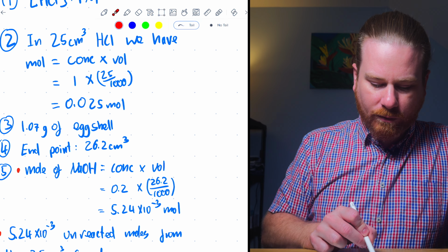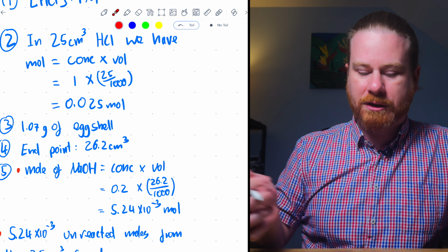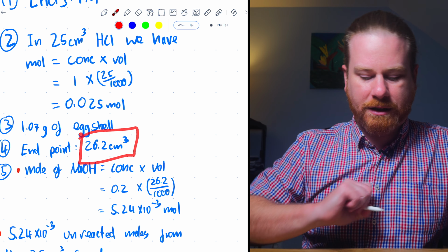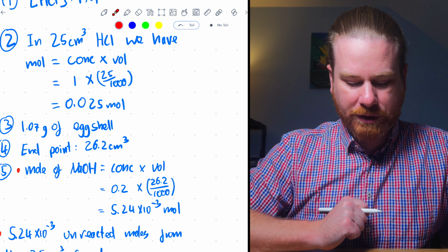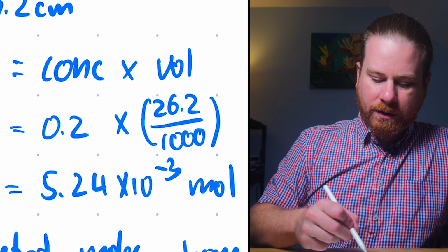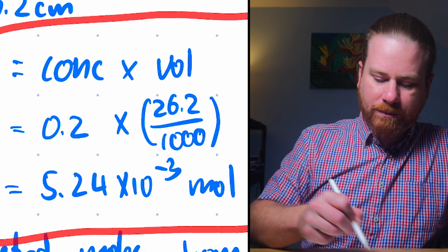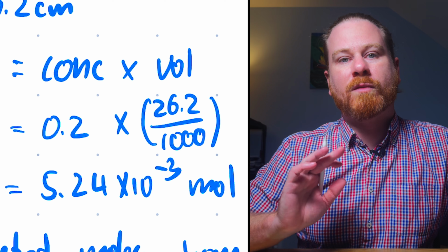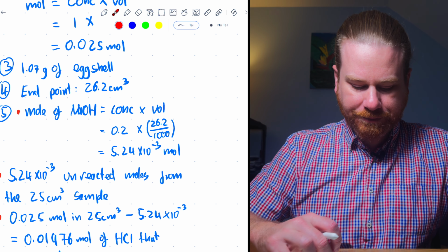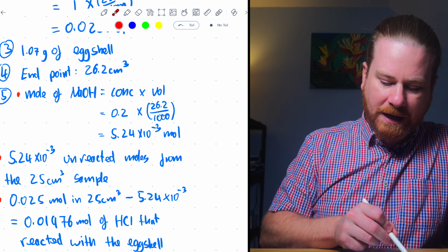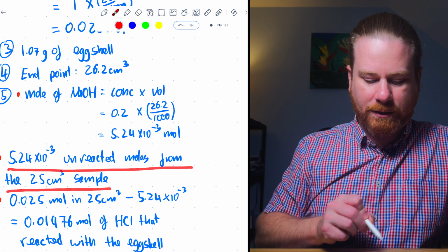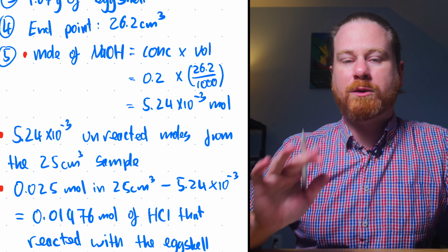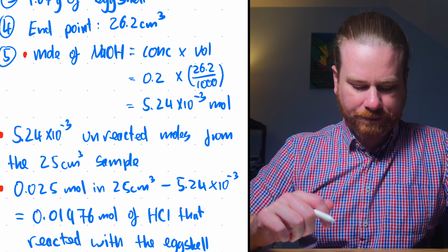So we've done our titration lots and lots of times, and again this is our average titer value. This time we've got 26.2 centimeters cubed. Finding the number of moles again using this equation, now we know how many moles of sodium hydroxide we have. This is how many moles of unreacted acid we had in our original 25 centimeter cubed sample.